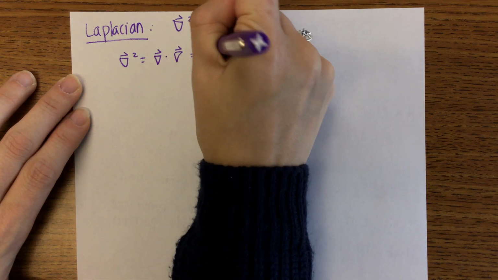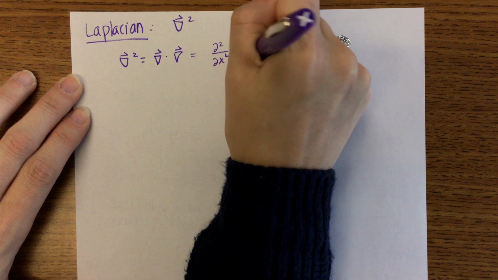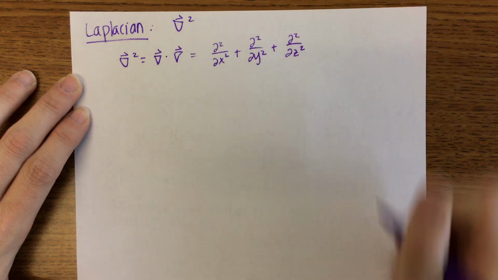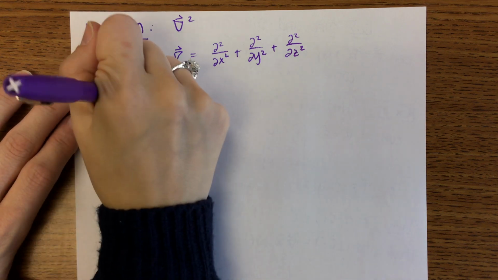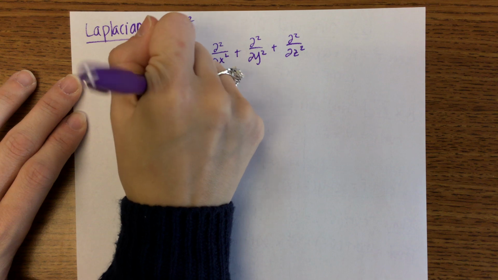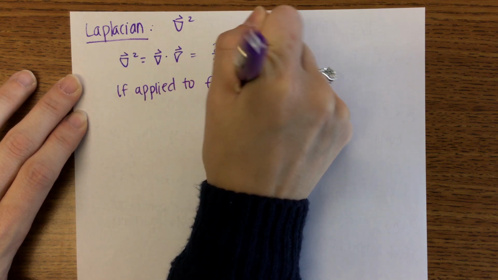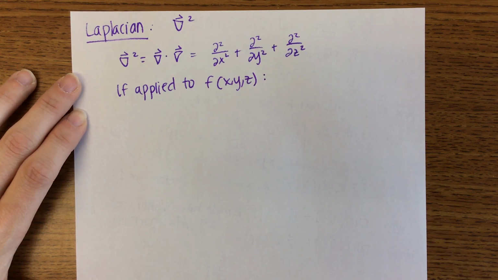So this will be the second partial with respect to x plus the second partial with respect to y, add the second partial with respect to z. If we applied the Laplacian to some function f in terms of x, y, z, we would get the following.